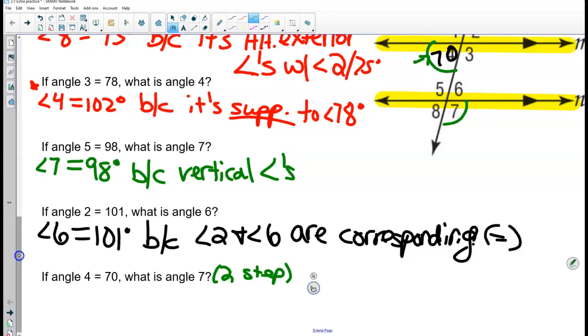So the first way to start, if you're going from one plane to another, start with corresponding. So we know that angle 4, which is 70, and angle 8 are corresponding. If I were to plop 70 right on top of the other one, they're equal.